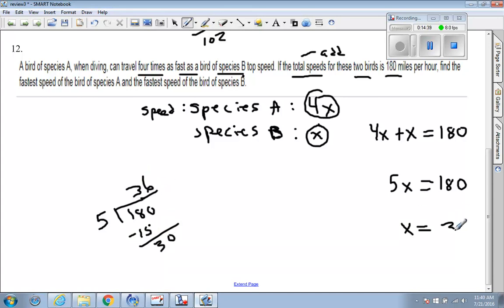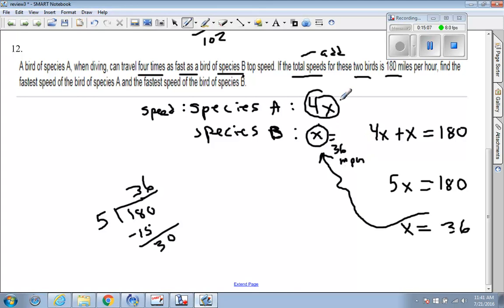So x is 36, but the thing is, what is that? And then you go back and look at your key. That's why it's important to make a key. So the speed of species B is 36, what is it, miles per hour? Yep. Okay, so I always go back and label it here. So this one came to be 36 mph.